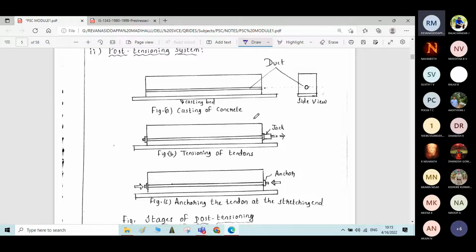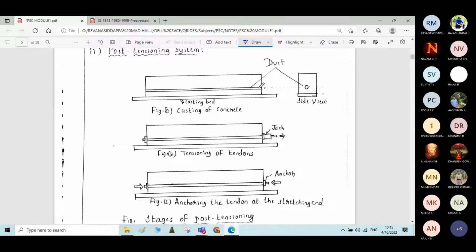Okay, here you can see a circular opening throughout the length of the beam called a duct. A duct means a hollow pipe kind of a thing. Okay, duct means a circular opening throughout the length of the element or the PSC beam. Okay, that is called a duct.